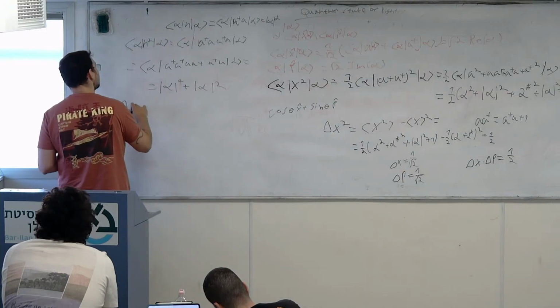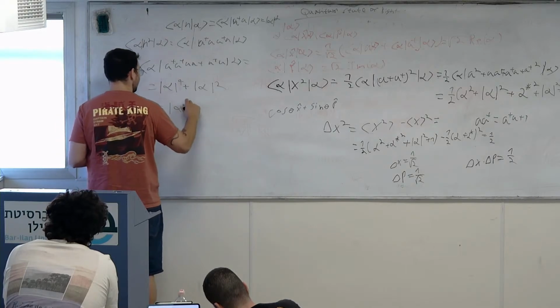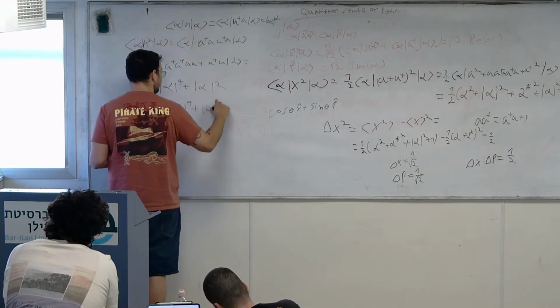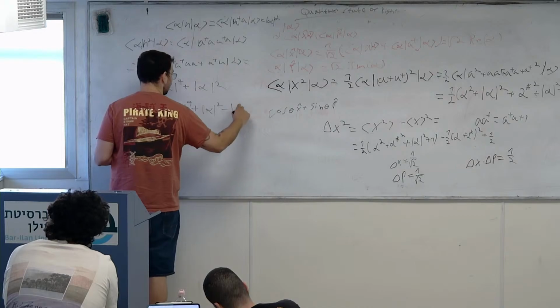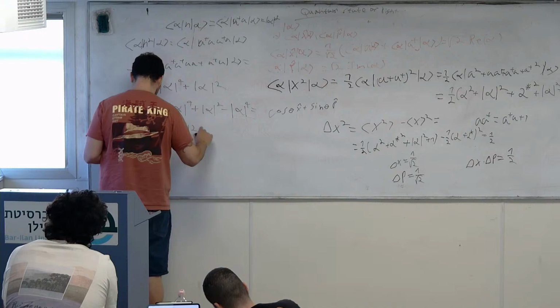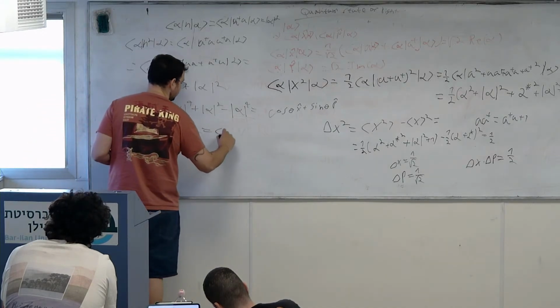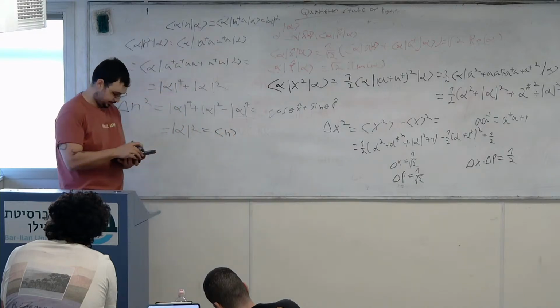Therefore, delta n squared will be equal to alpha to the power of 4 plus alpha to the power of 2 minus alpha to the power of 4, which will be equal to the expectation value of n.